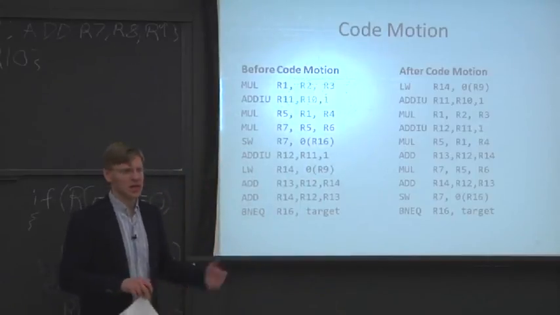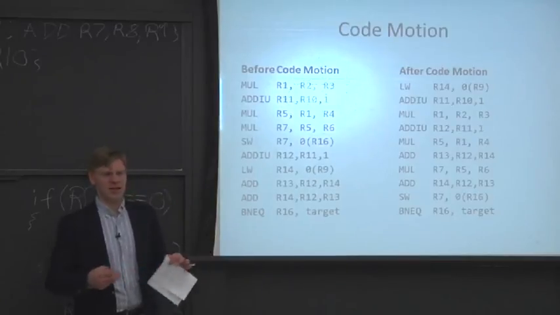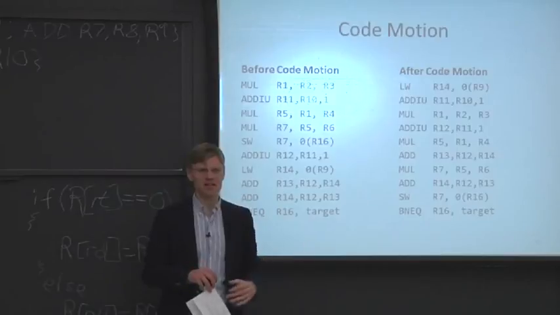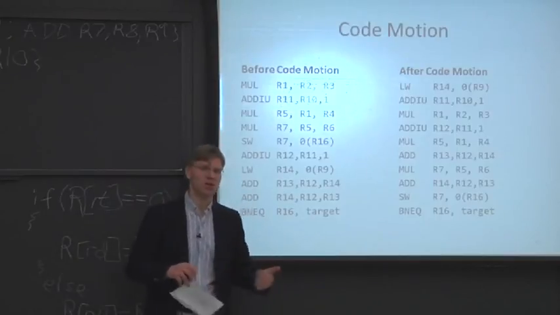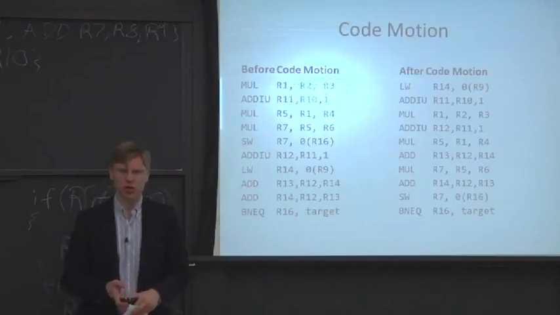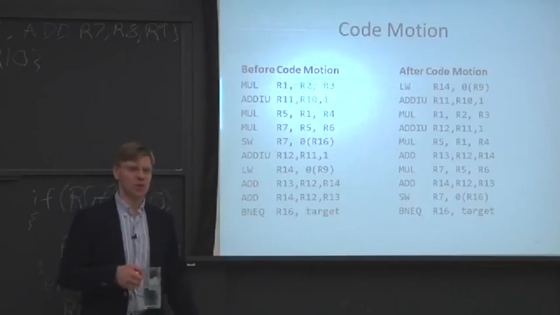It might also be reordering for alignment issues sometimes. Sometimes branches can only happen on certain alignments, or the performance is better. But roughly, we're trying to do valid reorderings of the code.